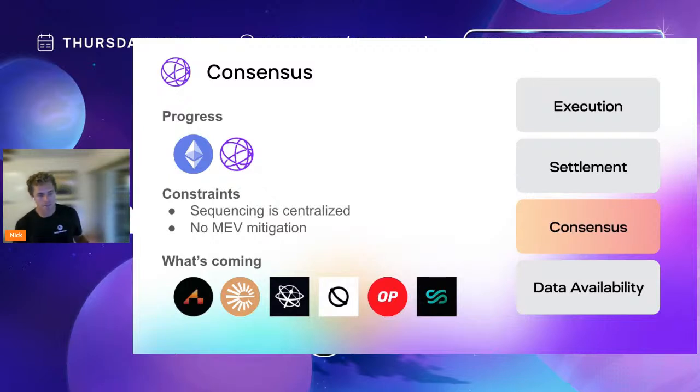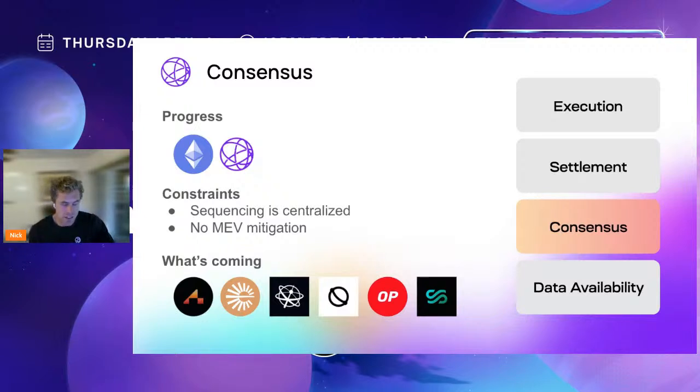But what's coming, that's exciting, is we have shared sequencers like Astria and Espresso and NodeKit and Radius, and I'm sure there are more, and Madara, and also OP Stack is working on things like the superchain. We also have Sovereign Labs, which is working on based sequencing, so you can actually sequence directly on Ethereum or Celestia. But the cool thing about shared sequencers is that they're basically decentralized sequencing as a service.